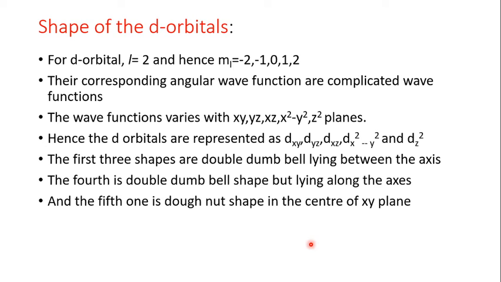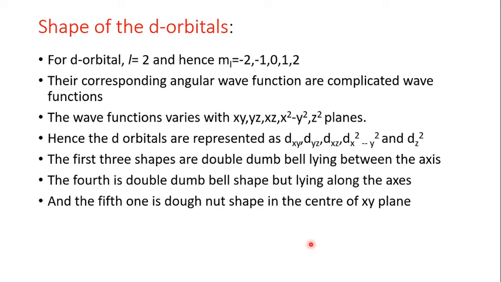Now the shape of the d orbital. For the d orbital, l is equal to 2 and hence ml is equal to -2, -1, 0, 1, 2. Their corresponding angular wave functions are complicated. The wave functions vary with xy, yz, xz, x square minus y square and z square.